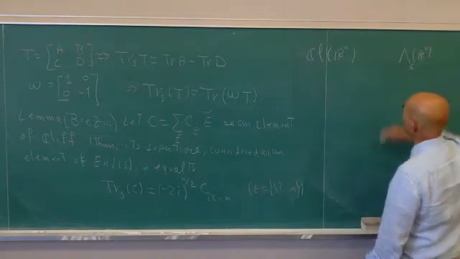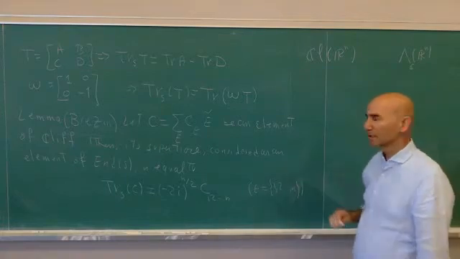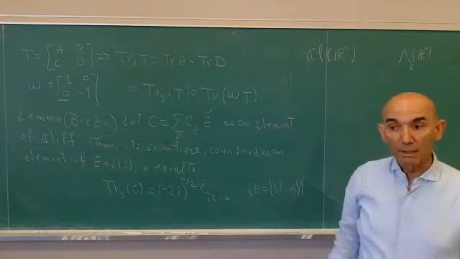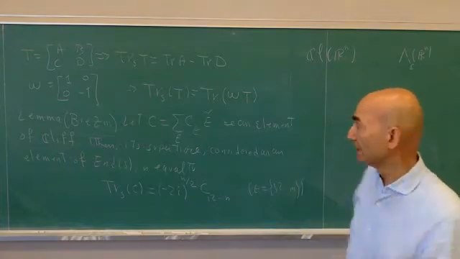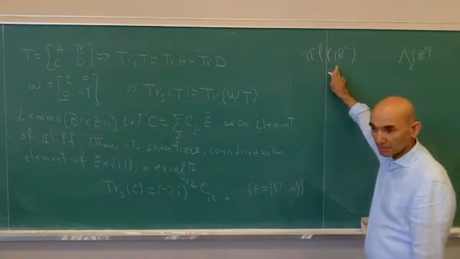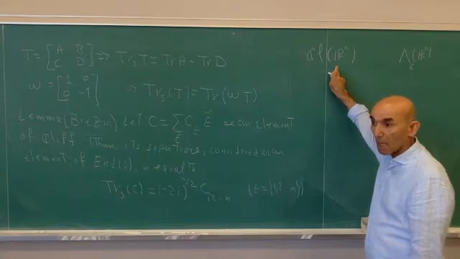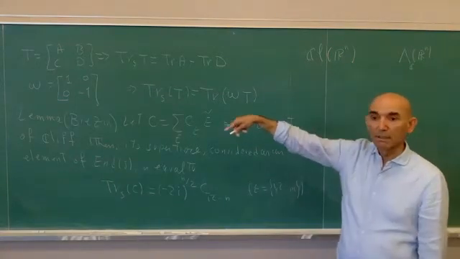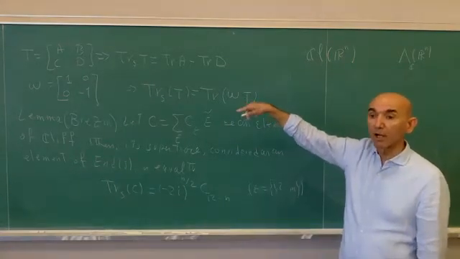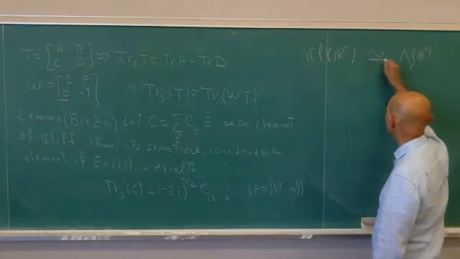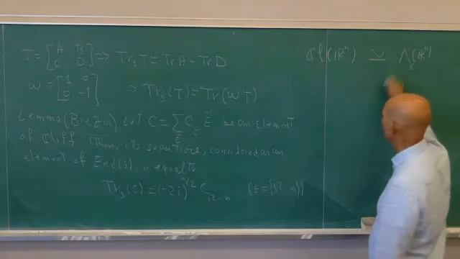If you like, you can complexify that. These two algebras are not isomorphic because this is graded commutative, while this is far from being commutative. This is basically a matrix algebra, highly non-commutative. But as linear spaces, they are isomorphic. And in fact, if you fix an orthonormal oriented basis in R^n, you get an isomorphism.